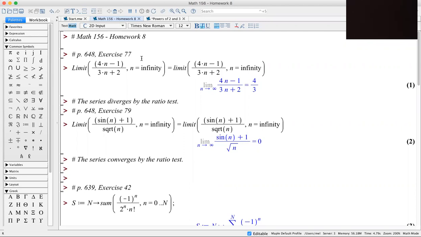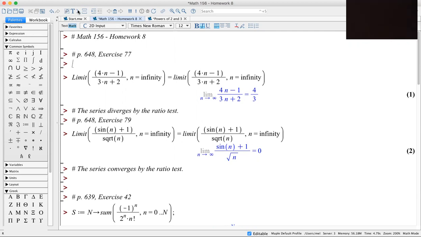77, what we're given is the following information.